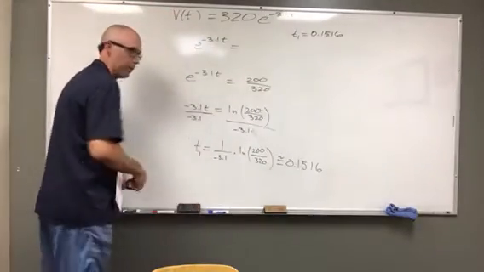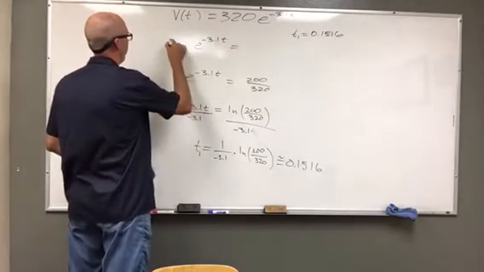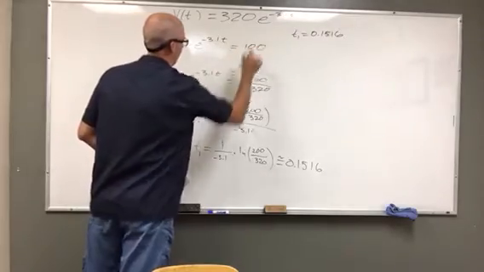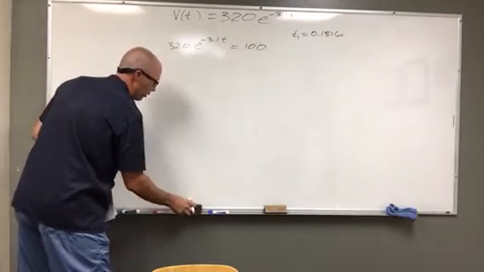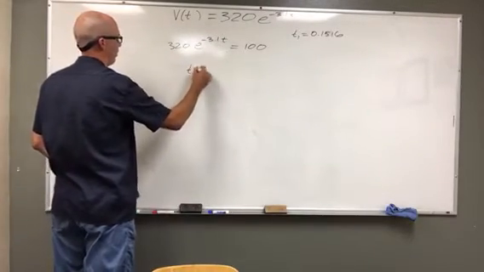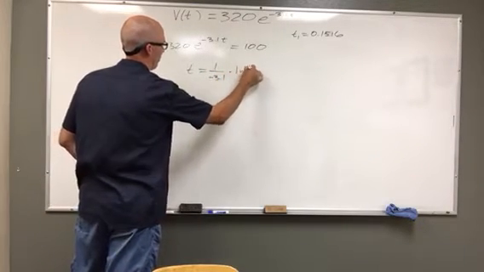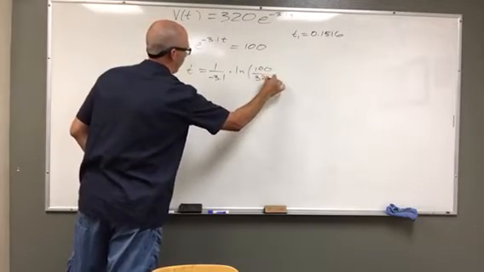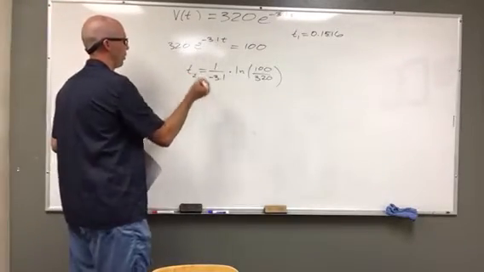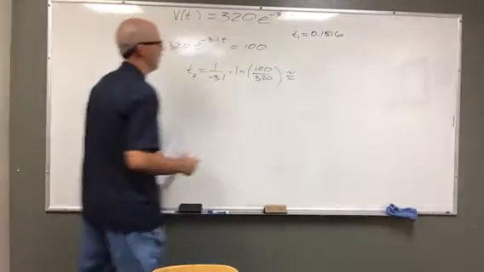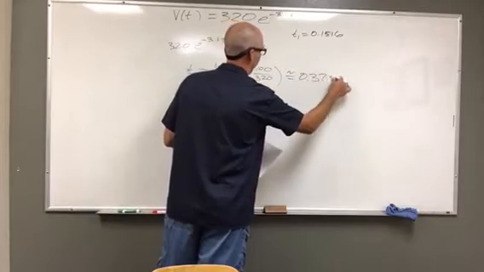Now we're going to solve for the time that gives a voltage of 100. All right, through similar calculations, we get that time. Now, since that's the second time, let's call it T2. This we find is about 0.3752.